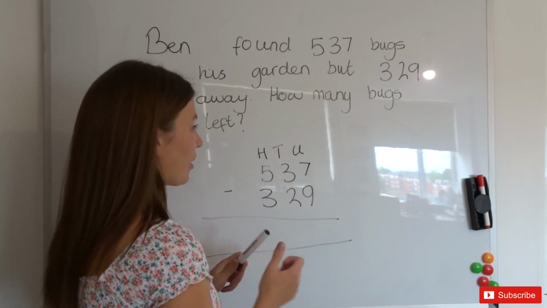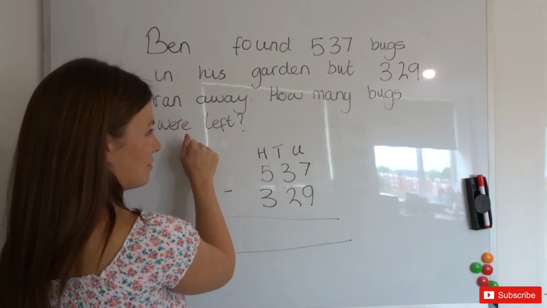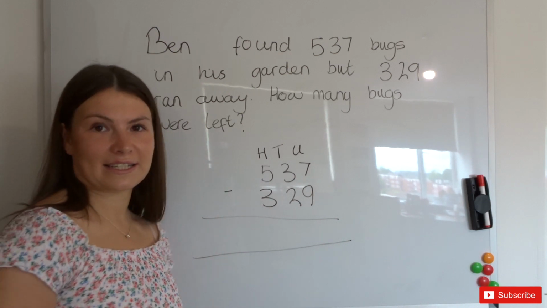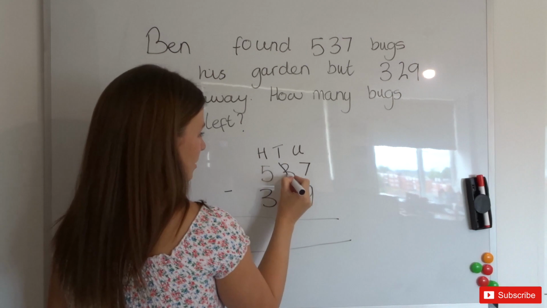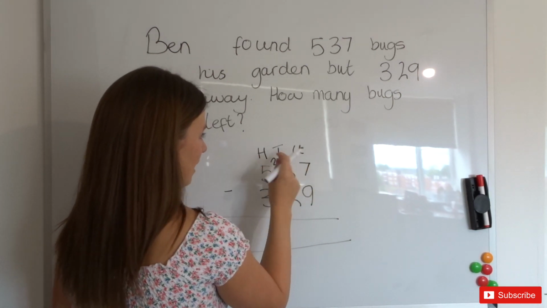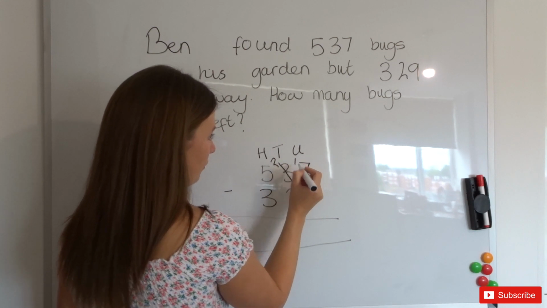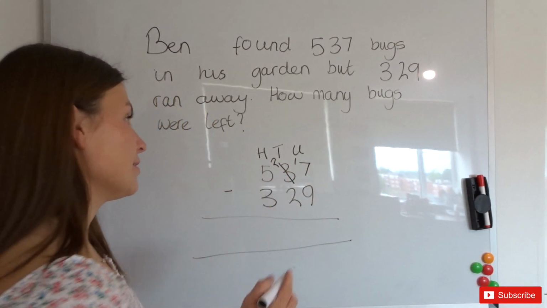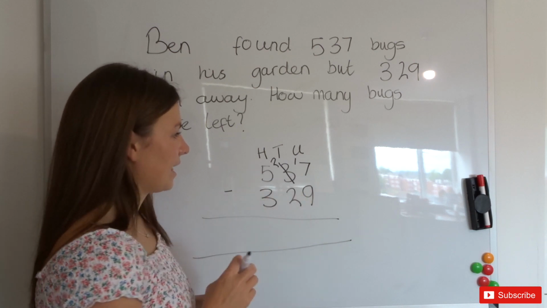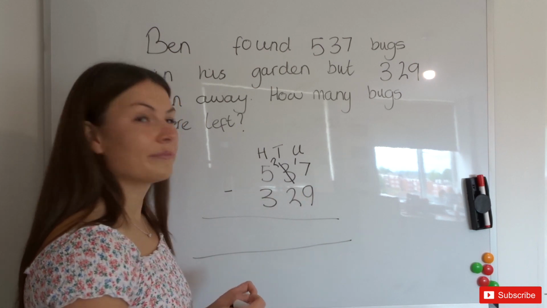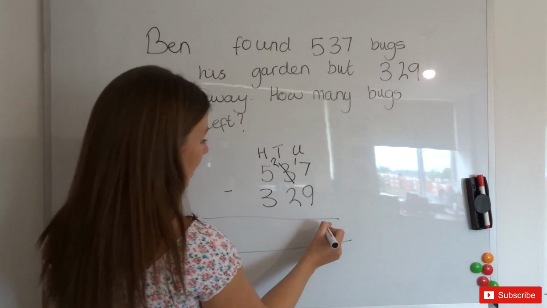Well done, we need to go over to the tens and we need to knock on their door and we need to say, is it okay if we borrow one of you? So now there's only 2 tens left in the tens column, and we take one of those tens over to the units column. So now we've got 17 take away 9, which is 8.